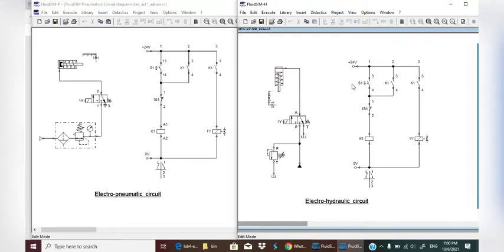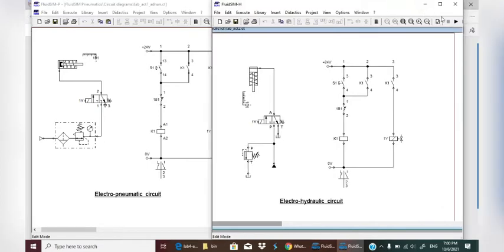For the electro-hydraulic circuit, the process of the simulation is actually the same. I click the run button and push the push button, and you can see the current will flow through the limit switch and through the relay K1.